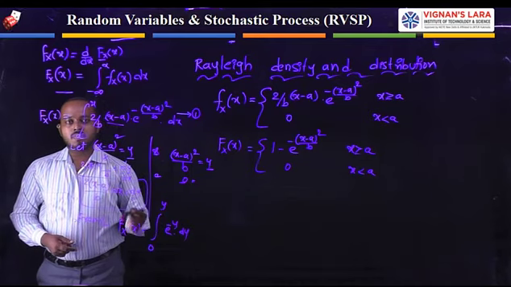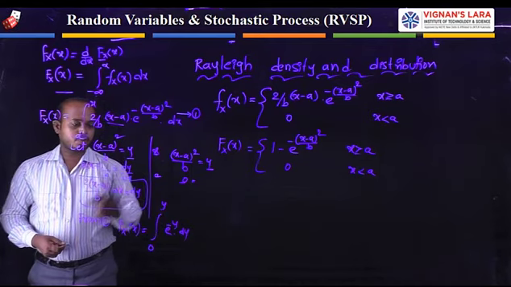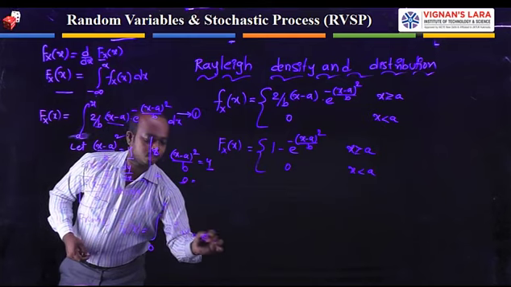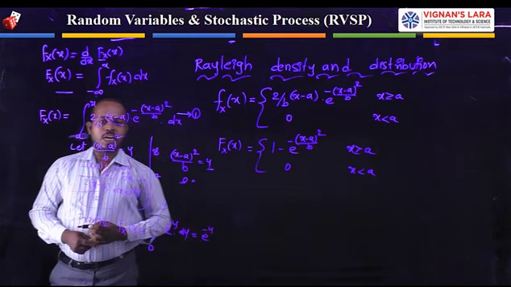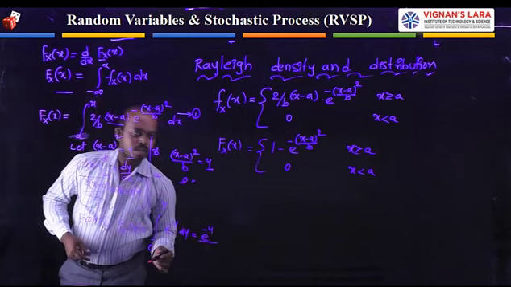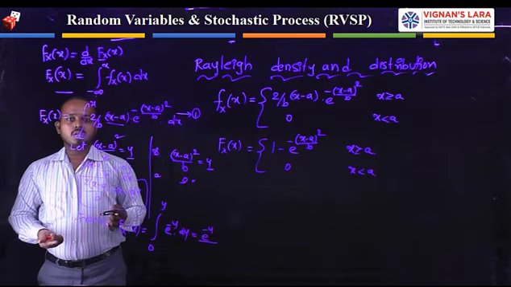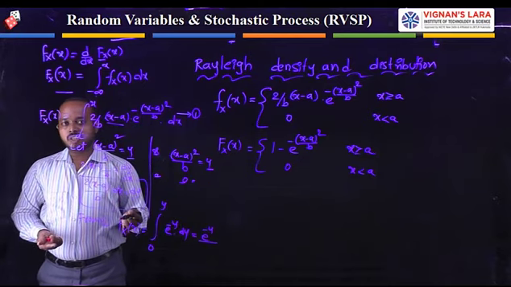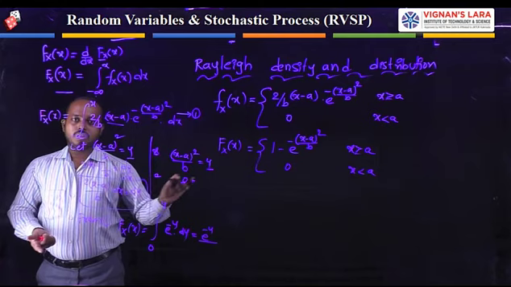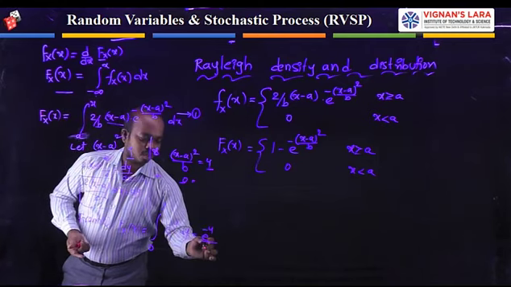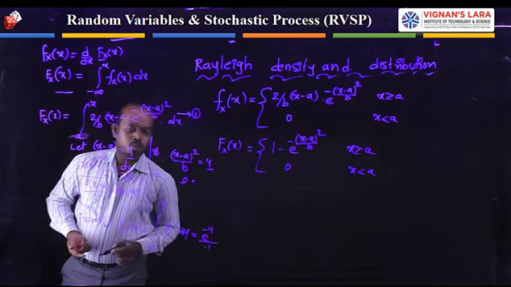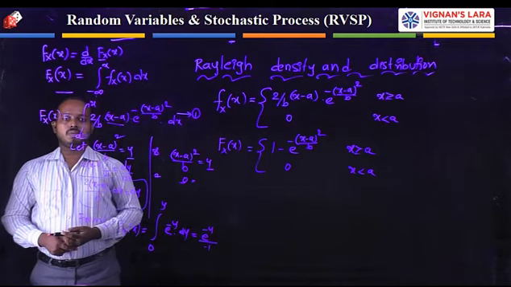The integration of an exponential is also an exponential, that is e power minus y divided by, then you apply on the power of the exponential the differentiation. The differentiation of minus y is minus 1, so we make the division.